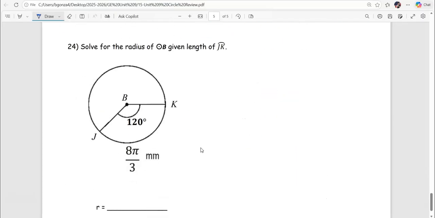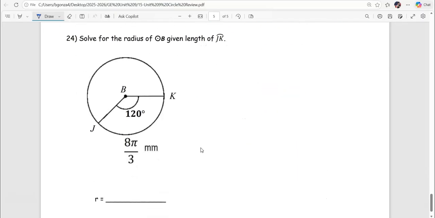Okay, last but not least, solve for the radius. This is working backwards, okay? Because remember, it's theta over 360 times 2 pi r equals the arc length.